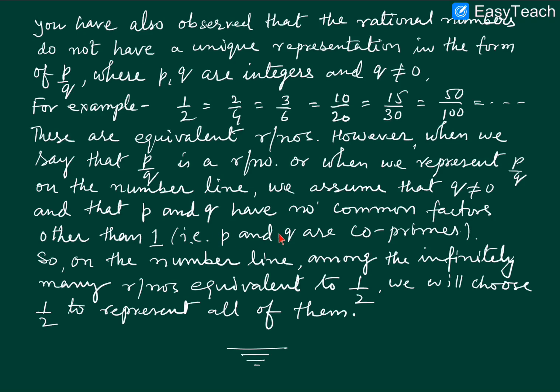That is, p and q are co-primes. So, on the number line, among the infinitely many rational numbers equivalent to 1 by 2, we will choose 1 by 2 to represent all of them.